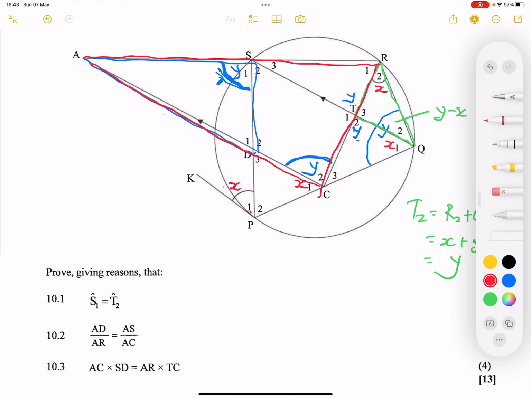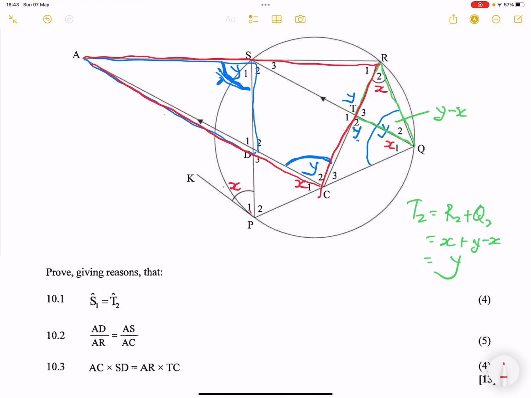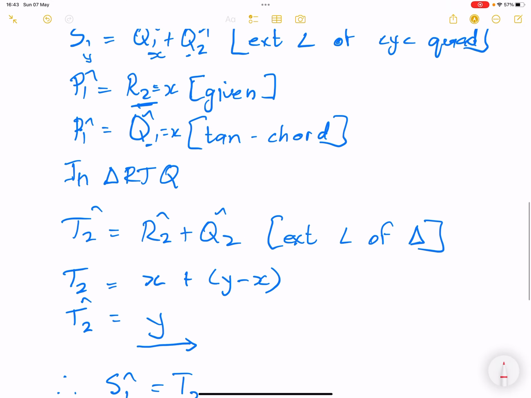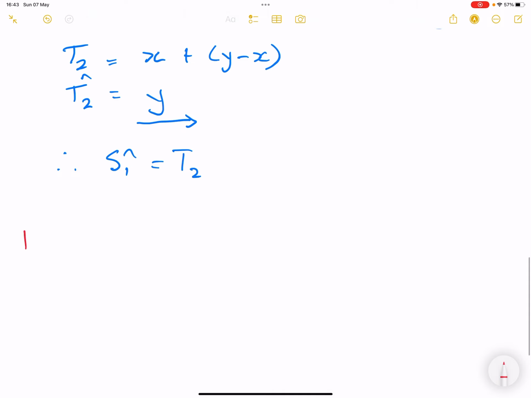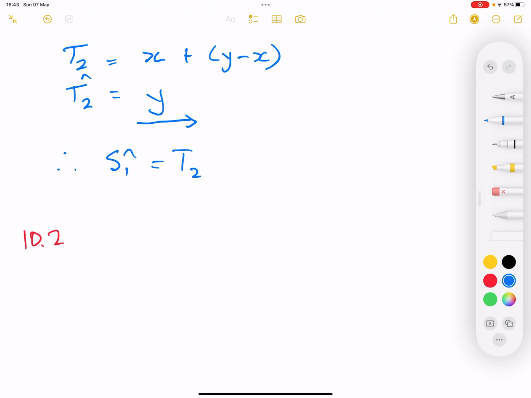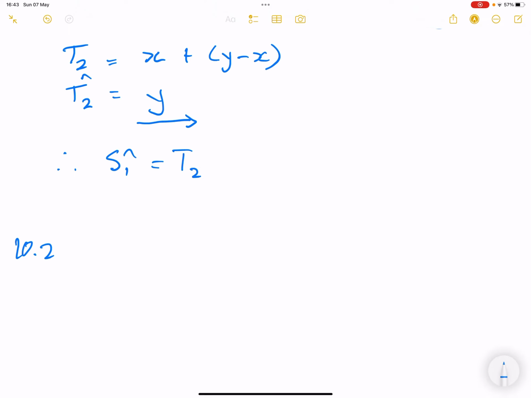And the reason for that is that already I've got a common side and I've got two other angles that are equal, right? So in that case, it would mean that obviously the third angle would therefore be equal, and it means those two triangles would therefore be similar. So for 10.2, let's keep with a consistent color. I am simply going to say I am working with those two triangles there.